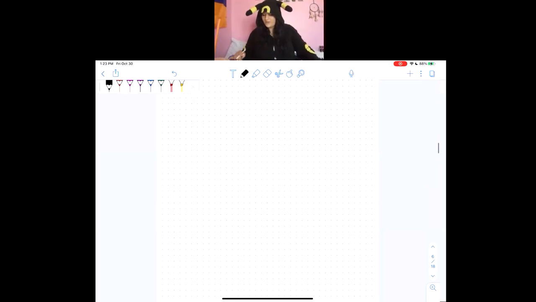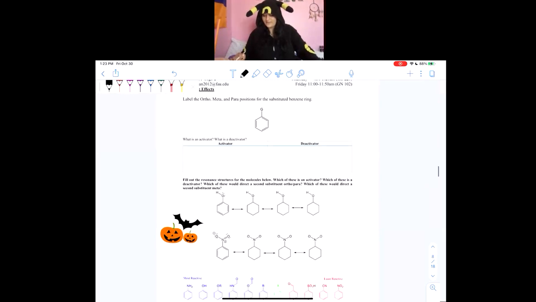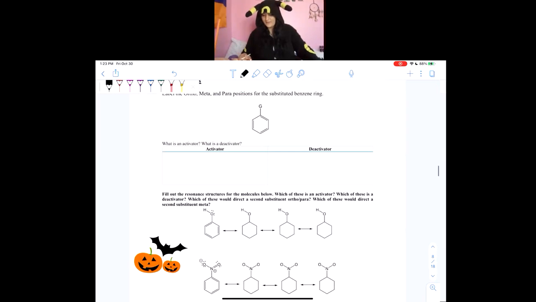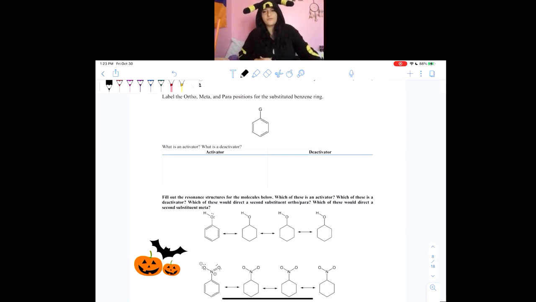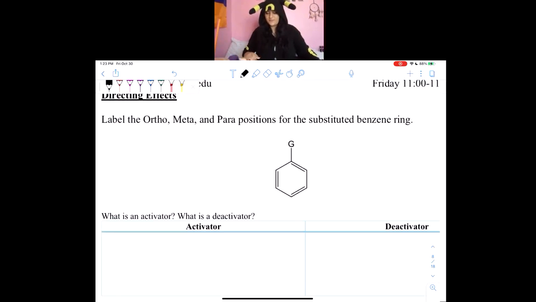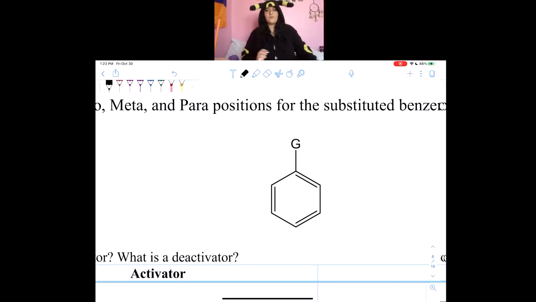Okay, so I don't know why I decided to, in this handout, put all this stuff before donating groups or directing effects. That's completely my bad. Let's switch gears a little bit and work on that, and then we'll go back to the other questions afterwards. First thing is first, we have to figure out what ortho, para, and meta even means.